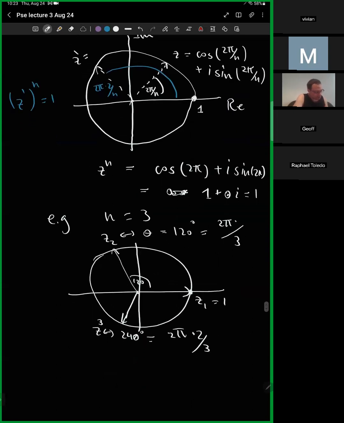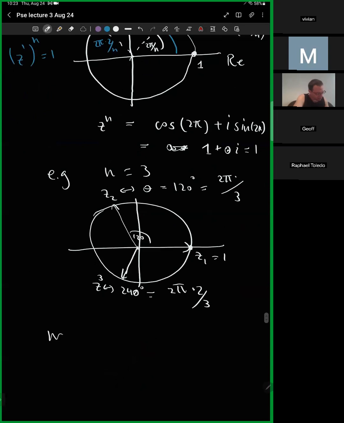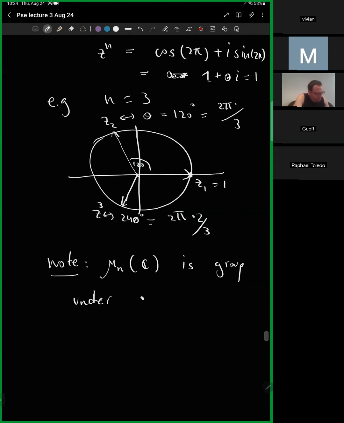So note that mu n of C is a group under the operation of multiplication of complex numbers, and the size of mu n is simply n.